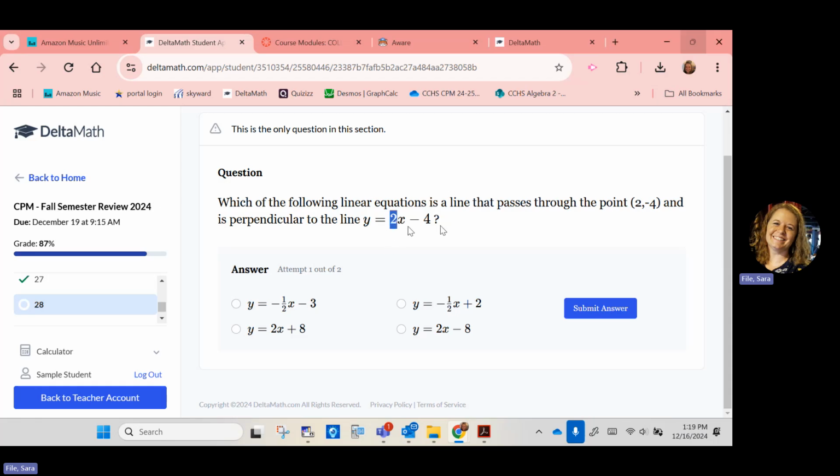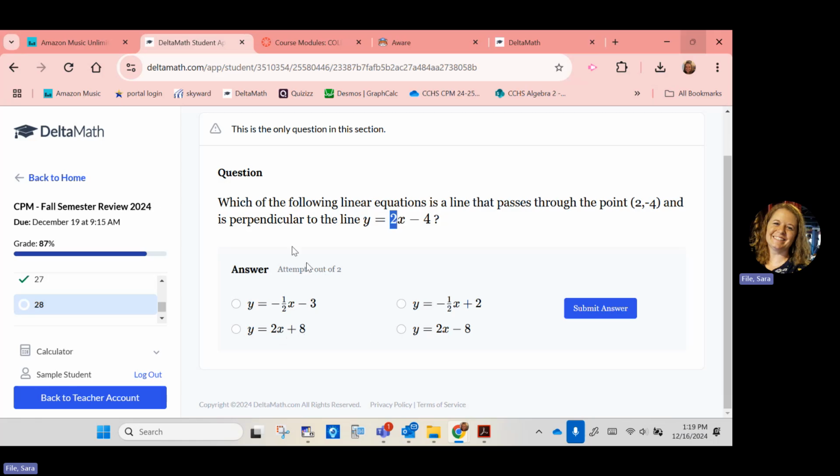So the slope here in this equation given is a 2. So the opposite, because this is positive, the opposite's going to be negative. And the reciprocal means flip the fraction. So instead of a 2, it's got to be a 1/2. So we know the slope has to be -1/2. So we can immediately eliminate these bottom two answer choices.